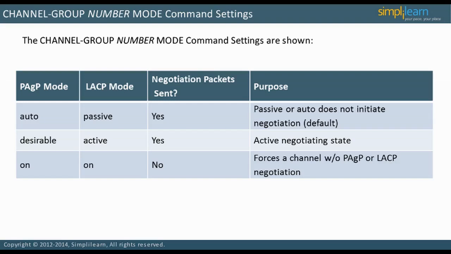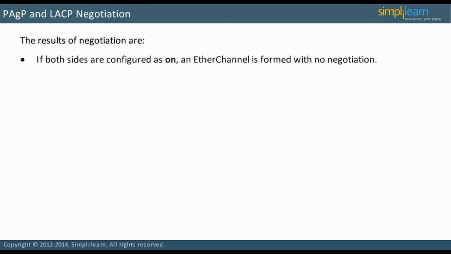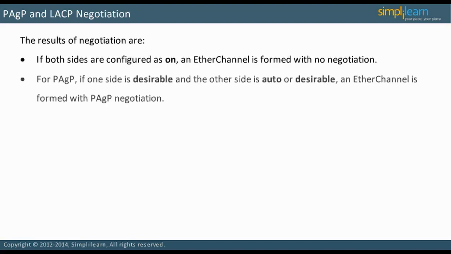Let us discuss PAgP and LACP negotiation in the next slide. EtherChannel involves two interfaces. The linked interfaces can have any number of combinations of channel mode. These combinations result in an EtherChannel or not. If both sides are configured as on, an EtherChannel is formed with no negotiation.